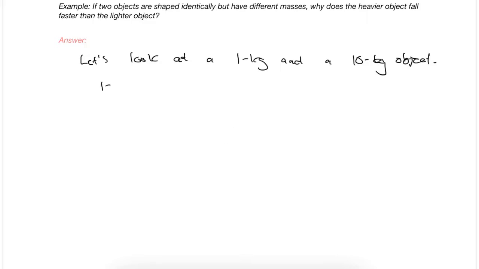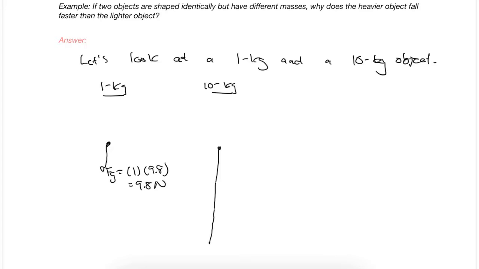So for the 1 kilogram object, I'm going to again draw a free body diagram, and I'm also going to draw a free body diagram for the 10 kilogram object. Now, because the 1 kilogram object has 1 kilogram, the force of gravity is the mass times 9.8, which is 9.8 newtons. Now for the 10 kilogram object, the force of gravity is much bigger.